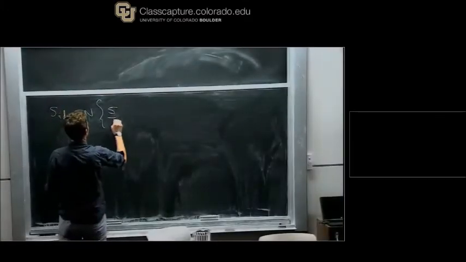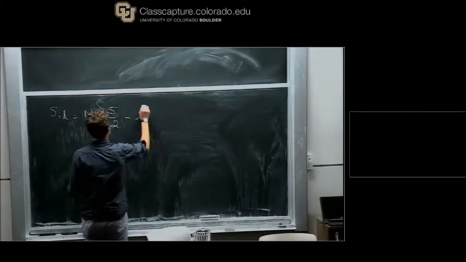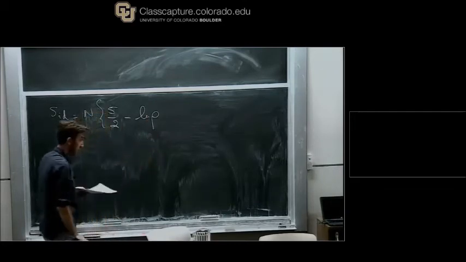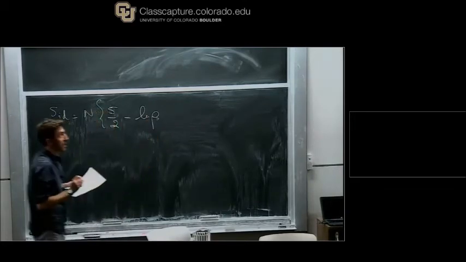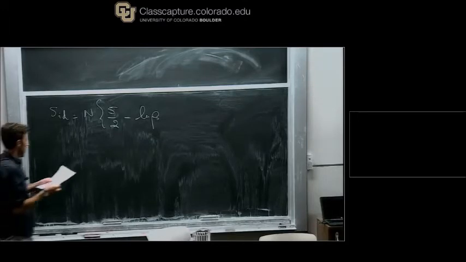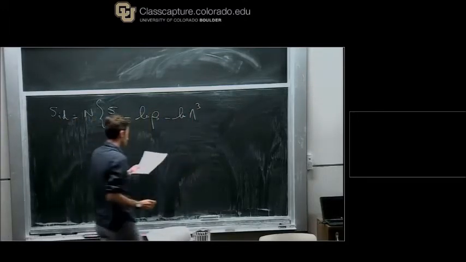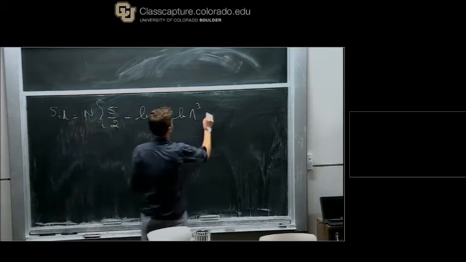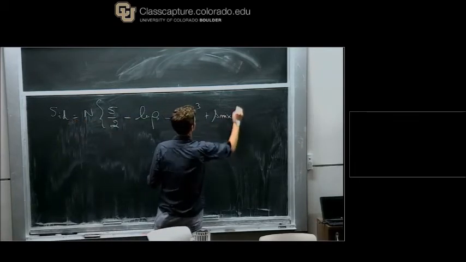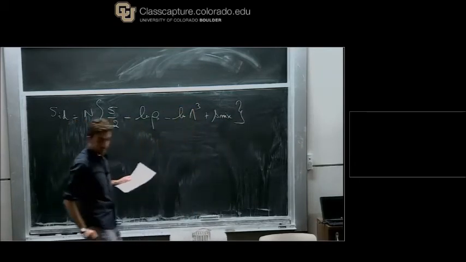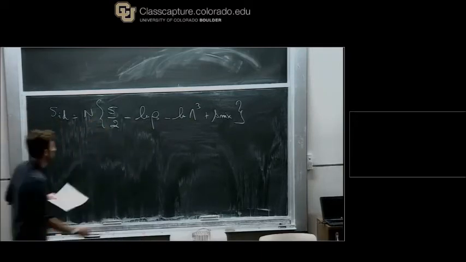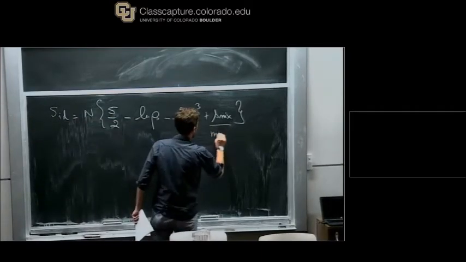It's 5/2 minus log of the density, which I was defining as rho 0 last time, minus the log of the de Broglie wavelength cubed, plus a mixing entropy term that I'm going to discuss later. That's called the mixing entropy.